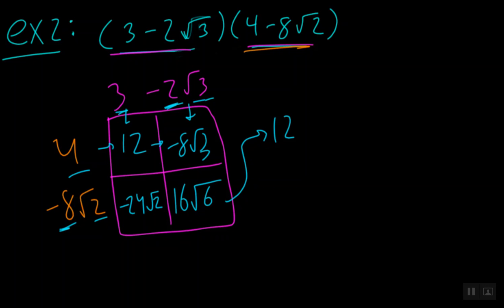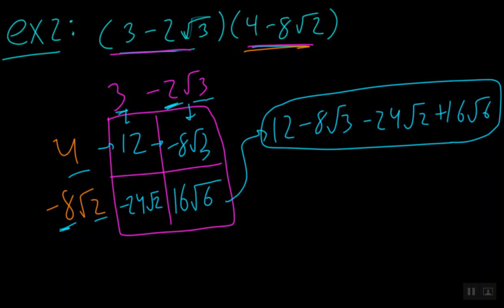We'll write 12 minus 8 square roots of 3 minus 24 square roots of 2 plus 16 square roots of 6. And in fact, there's nothing here that combines. Remember, the square root of 3 can't combine with the square root of 2. The square root of 2 can't combine with the square root of 6, so on and so forth. And so this would actually be your answer for example 2.